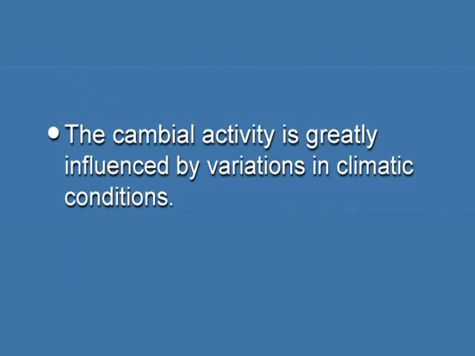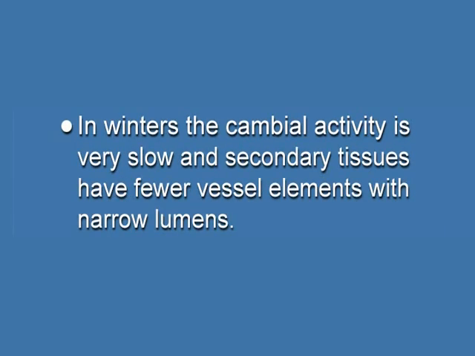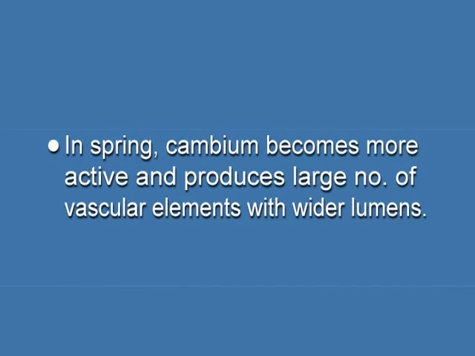Now, the cambial activity is also influenced by variations in climatic conditions. In winters, the cambial activity is slow and the secondary tissue produced has fewer vessel elements with narrow lumens. And in spring, the cambium becomes more active and produces a large number of vascular elements with wider lumen.